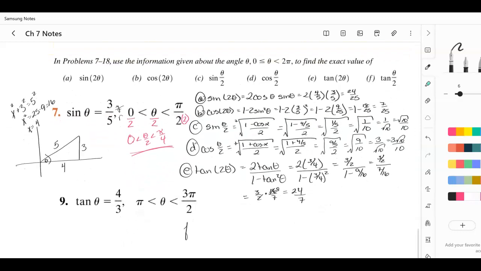And then F is looking for the tangent of theta/2. And my formula for the tangent of theta/2, I could use the positive square root, remember, because this is in the first quadrant, of 1 minus cosine of alpha over 1 plus cosine of alpha. Positive square root. Cosine of alpha is 4/5.